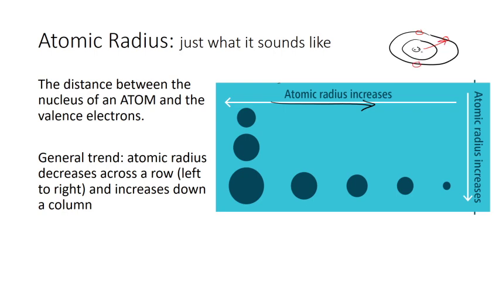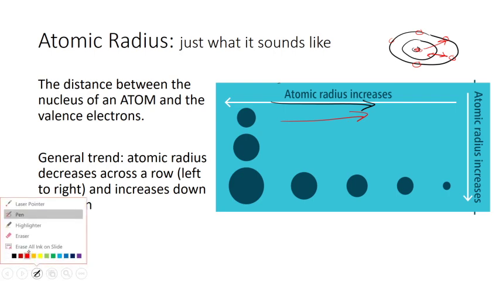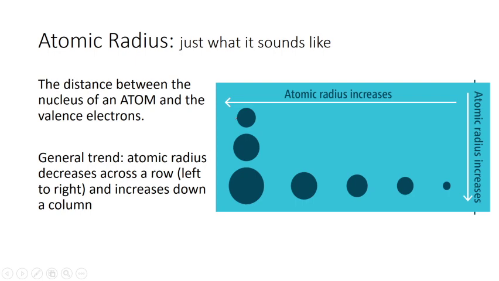However, every time you add an electron, remember you're also adding a proton in here. So you're adding nuclear charge. So because you're adding electrons into the same energy level, and you're adding protons, the pull is getting stronger between the nucleus and those outer electrons. So it actually pulls that energy level closer to the nucleus as you're adding protons across a row. All right, and so that's why this trend is the way it is.